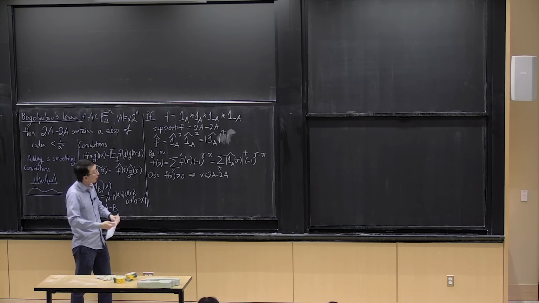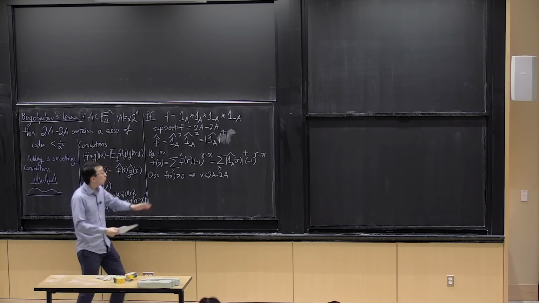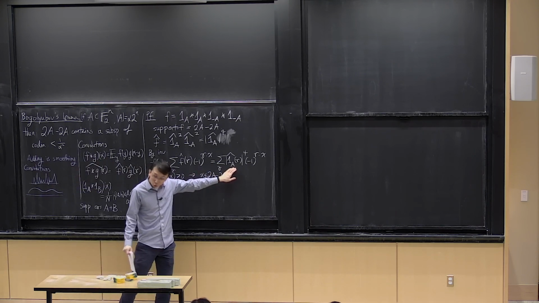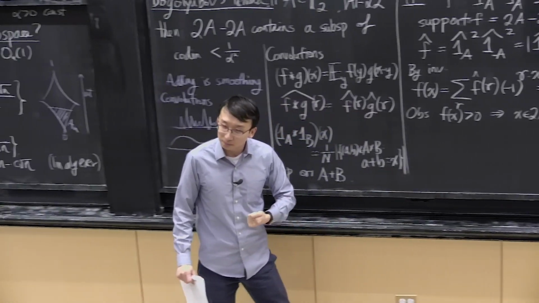So we just want to find a large subspace on which f is positive. But we can choose our subspace by looking at Fourier coefficients according to their size.